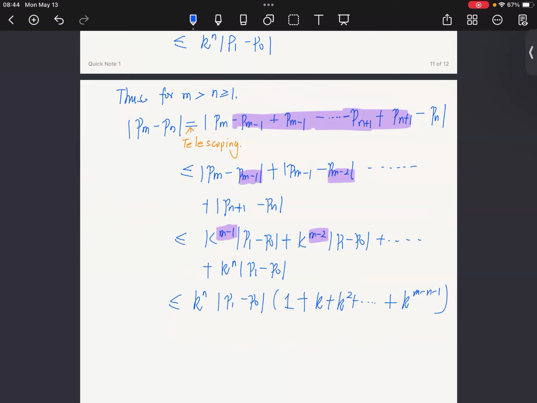So from left to right it corresponds to the items from the last to the first. And this is the inequality here.